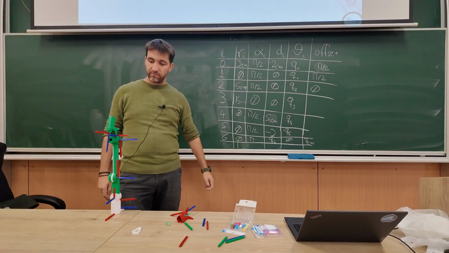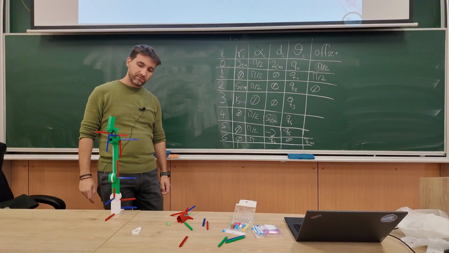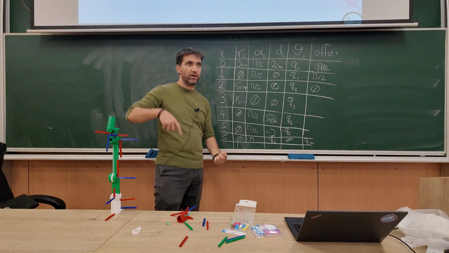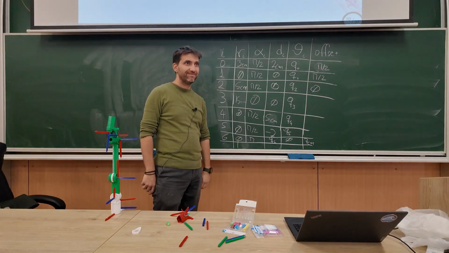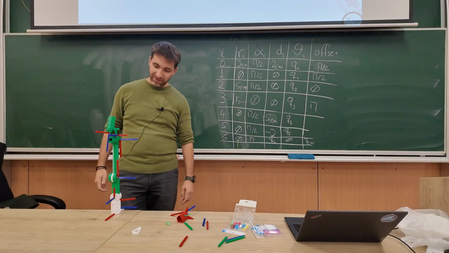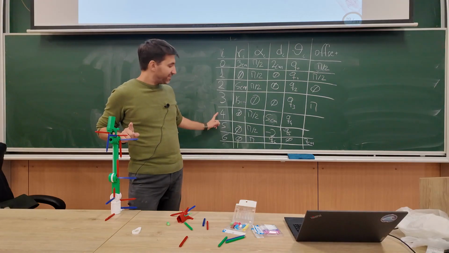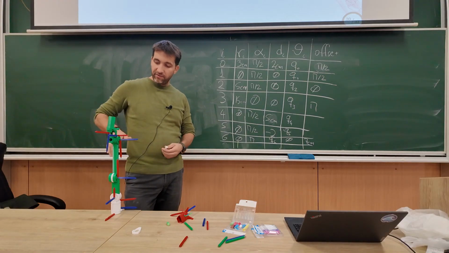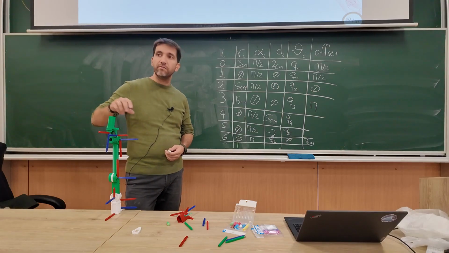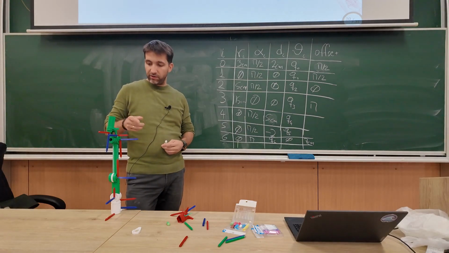x3 to x4, pi, positive or negative, pi. The same. You learn from your past experiences. x4 to x5, pi over 2, right?